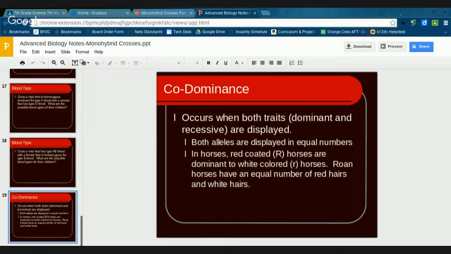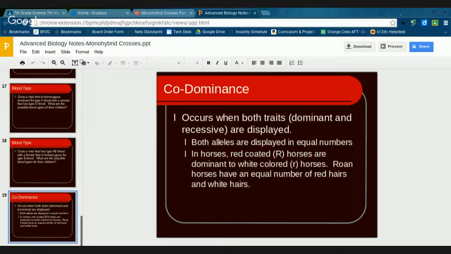And then instead of the red coat color covering up the white, these particular horses that are heterozygous, meaning they've got one red allele and one white allele, end up actually producing equal amounts of red and white hairs to give off this brown color.